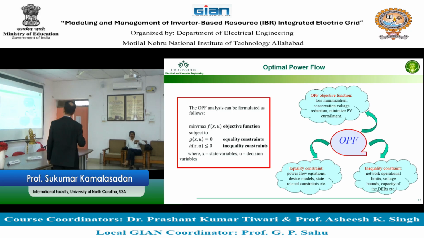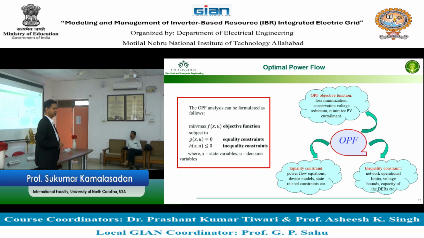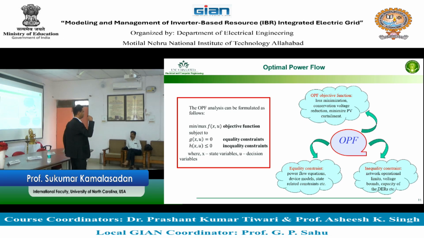So the OPF objective function can be loss minimization. One of the objective functions in the electric distribution grid power flow is to minimize the losses. What do you mean by minimizing the losses? Everybody understands minimizing the losses? What is the value in minimizing the losses?